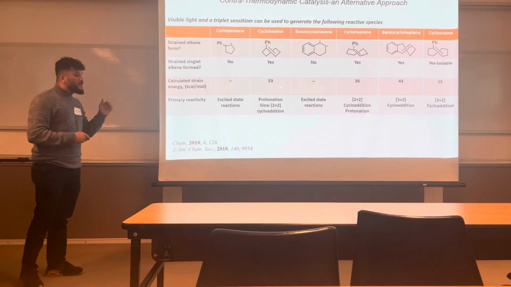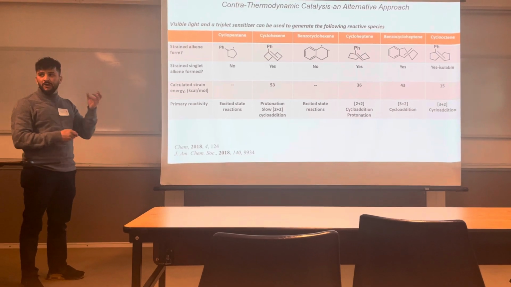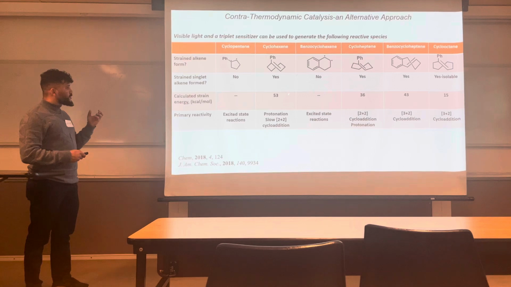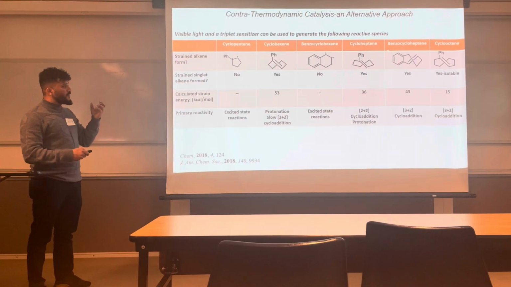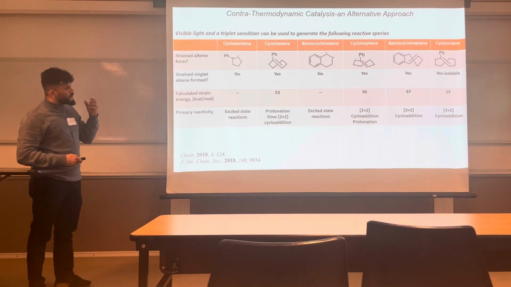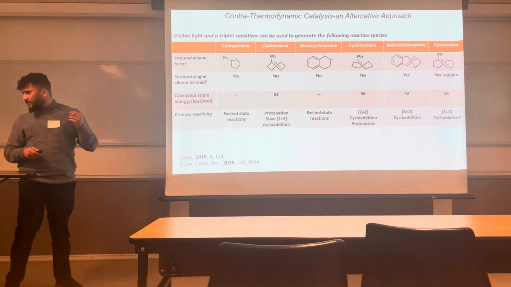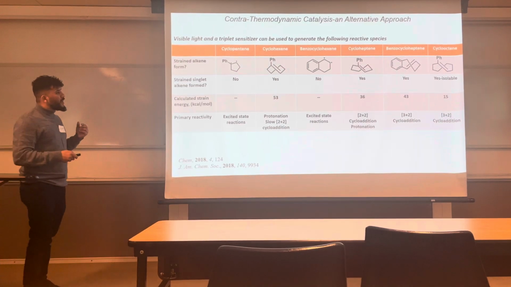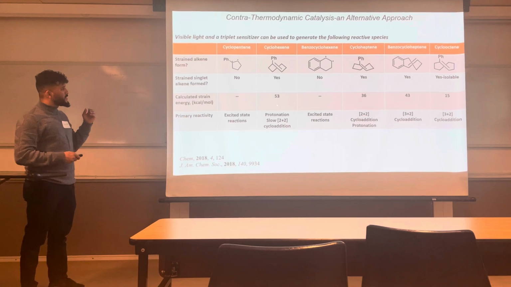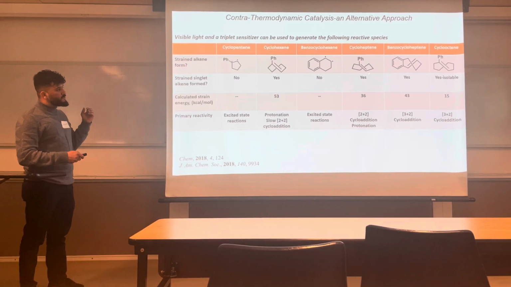So people calculated the strain energy, how much strain energy is inside this molecule. For trans-phenylcyclohexene, the strain energy is 53, for cycloheptene 36, and for benzocycloheptene 43. So someone might ask why the strain energy of this one is higher than phenylcycloheptene.